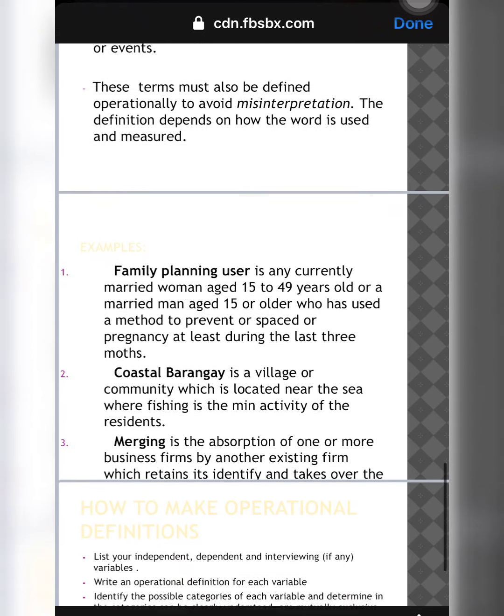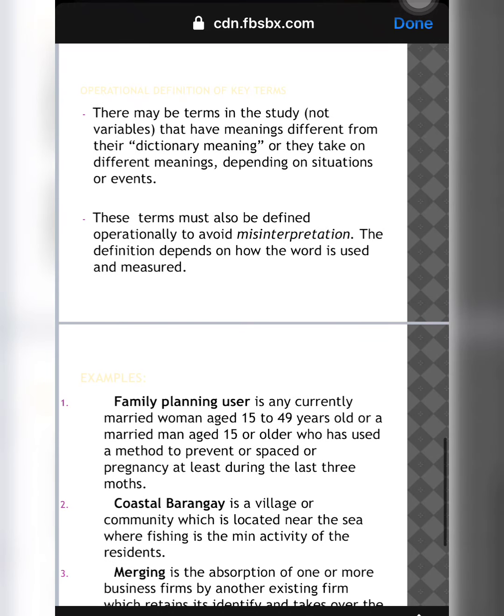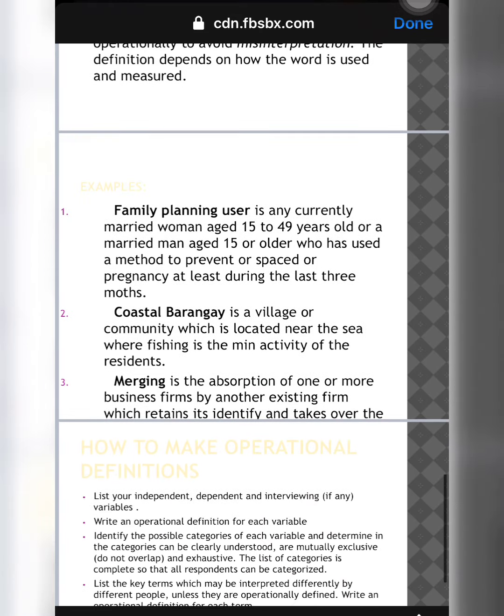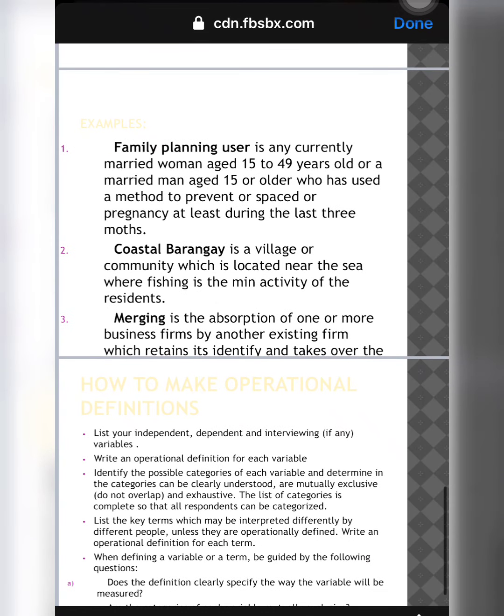So here are examples of operational definition of key terms. The first is family planning user. Is any currently married woman age 15 to 49 years old or a married man age 15 or older who has used a method to prevent or space pregnancy at least during the last 3 months.